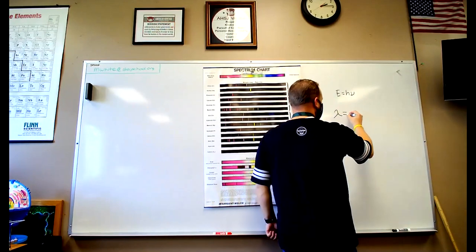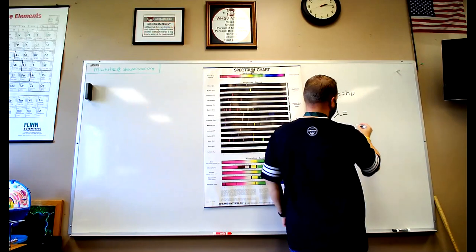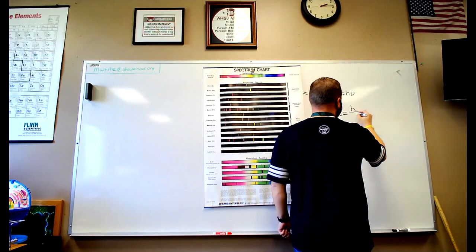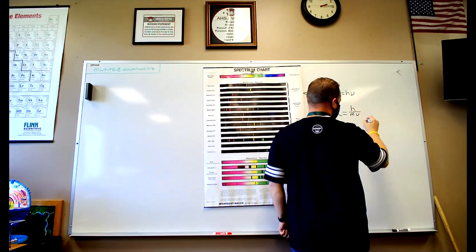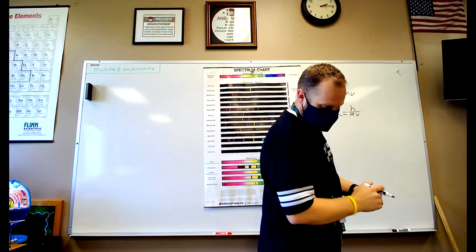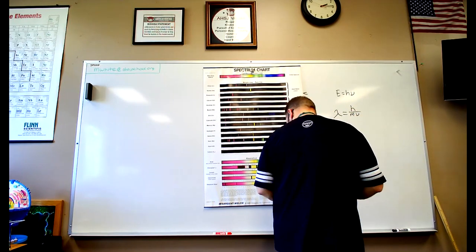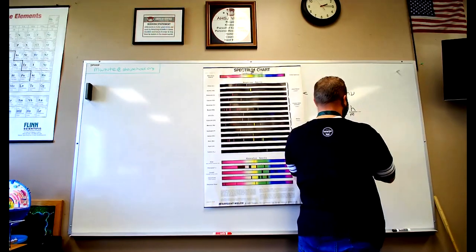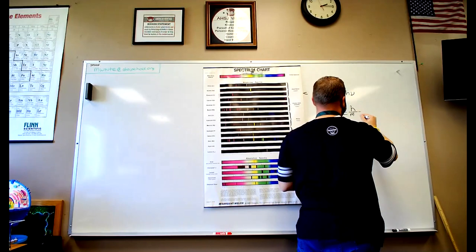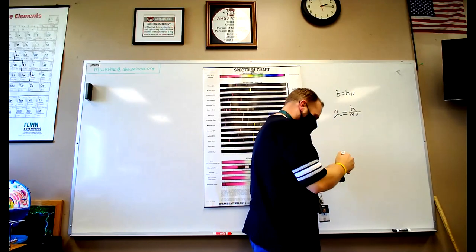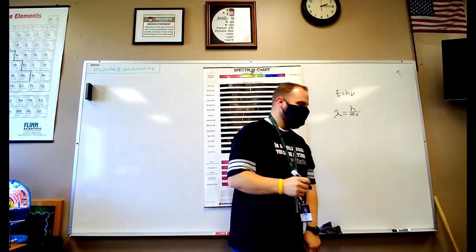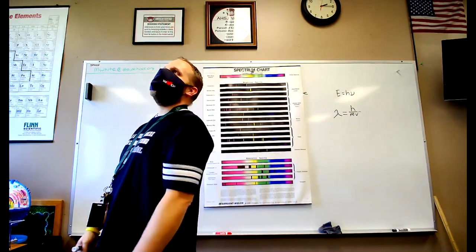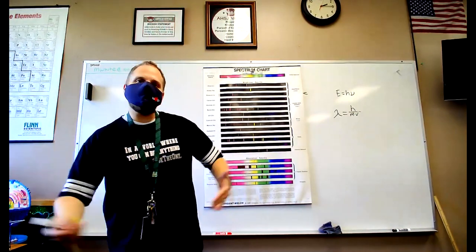So lambda equals h over m v. That's not a nu. We want just a straight v, that's velocity. So if a car driving down the street is behaving like a wave, why doesn't it look like a wave?